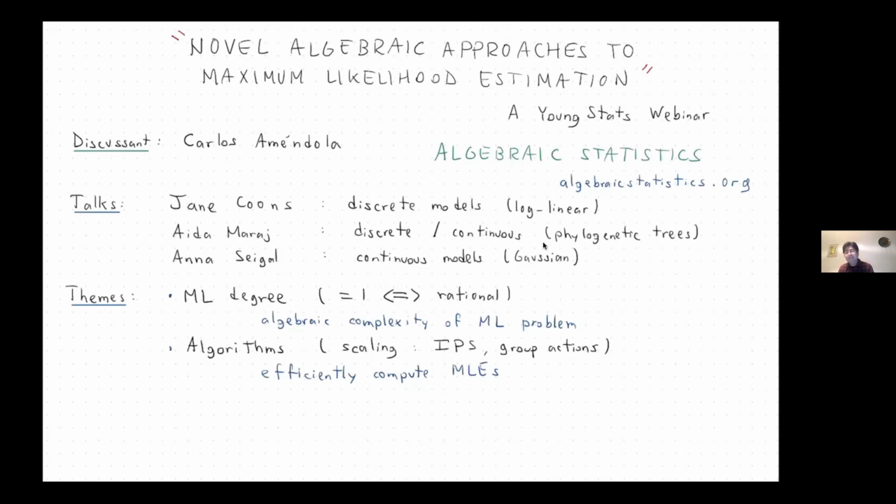This difference between the real points and the complex points, because remember the ML degree counts the number of complex critical points of the likelihood function. So one big open area is to study the real points and how these change depending on the data, right? So this is not so clear anymore. And so when do we know that there is a unique positive solution, as with Birch's Theorem, or when there could be multiple local maxima.